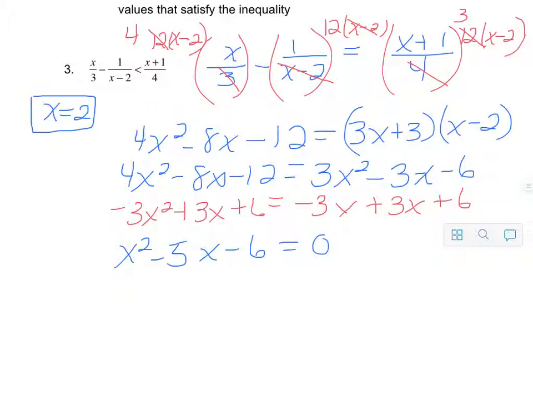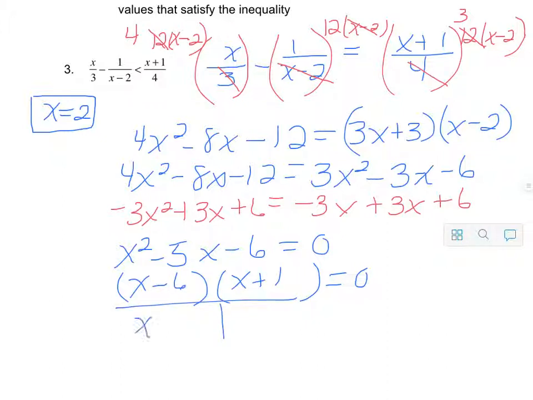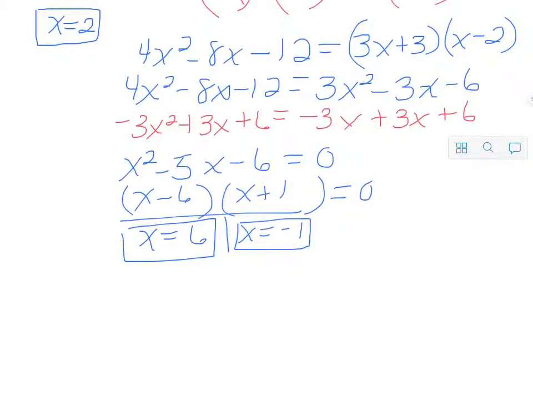I'm going to see if I can factor this. I have an x and an x, minus 6 and a plus 1. So I end up with x is 6 and x is negative 1. Those are two more answers. So now I have three boxed values that can go on my number line.